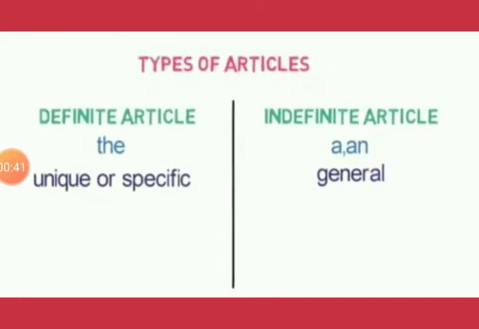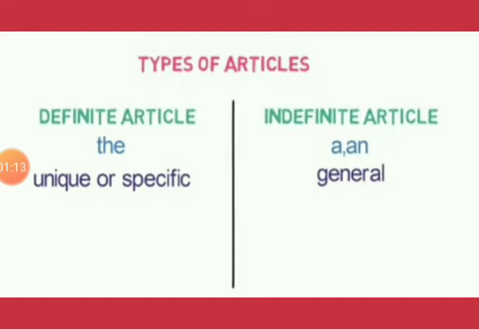Now there are types of articles. There are two types: one is the definite article and another is the indefinite article. The comes under the definite article, that means it tells about something specific or unique. Indefinite articles are a and an.